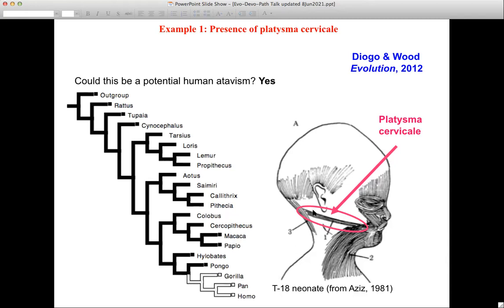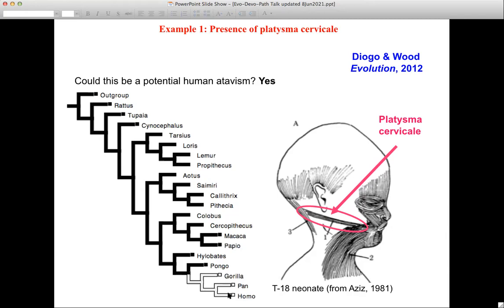For instance, the platysma cervicale, as you probably know if you know a bit about anatomy, this is the only one, platysma myoides, that we now have in normal adult humans. This muscle is present in almost all mammals, but disappears in adults, again in adults, since we have gorillas, chimpanzees, and humans.